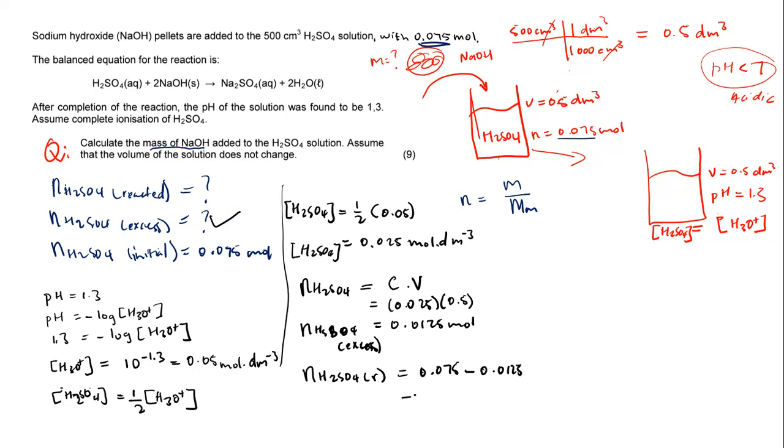When I punch this on my calculator, the answer is 0.0625 moles. So these are the number of moles of H2SO4 reacted.